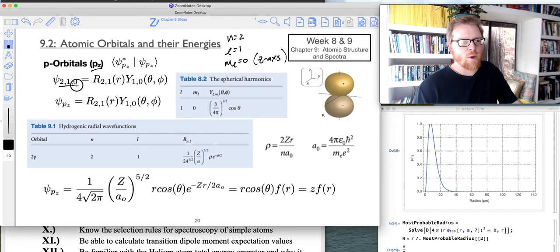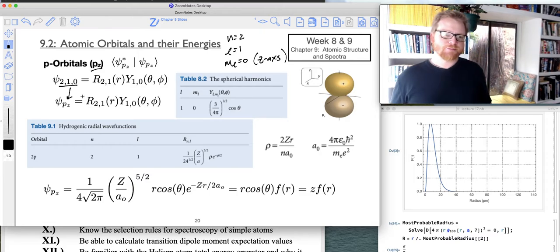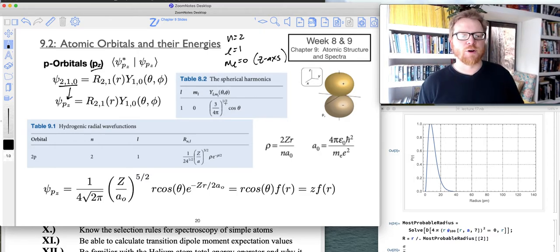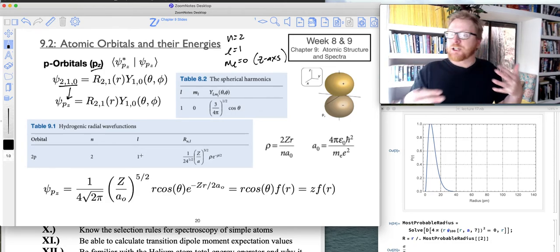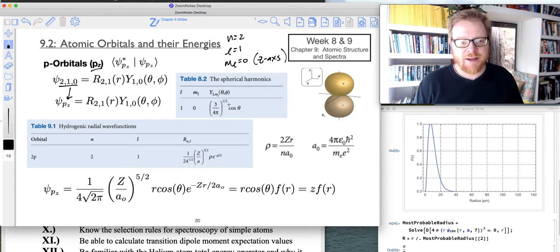Instead of saying 2,1,0, we'll just adopt the psi pz nomenclature. And now if we look at our spherical harmonic function and our radial function, we're just going to smash them together. Literally multiply the root of 3 over 4 pi cosine theta times this radial function.